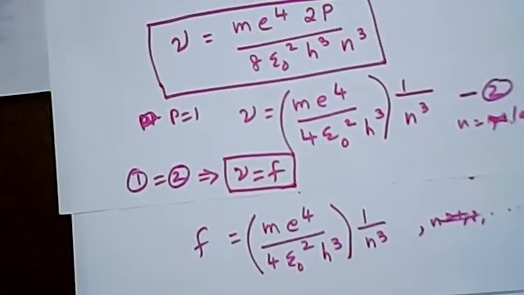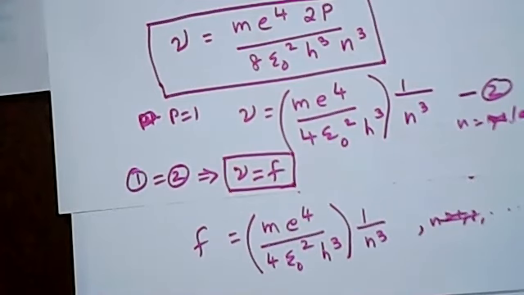The classical equation and the quantum equation become the same, meaning they both give the same result, which is the correspondence principle put forward by Niels Bohr. So nothing is wrong with classical mechanics. You don't have to neglect it completely.